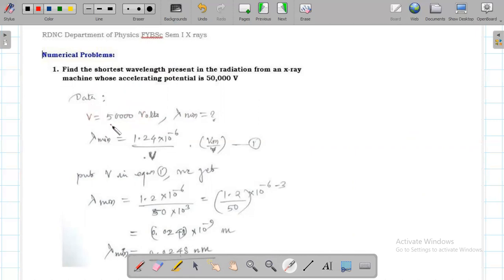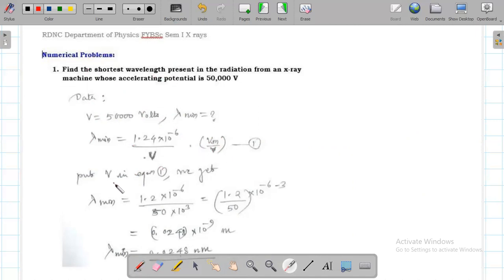We can write 50 into 10 raised to 3 volts. This is the standard formula. Dear student, directly state this formula: lambda minimum equals 1.24 into 10 raised to minus 6 upon V. Volt-meter upon V, V will get cancelled and you will get lambda minimum in terms of meter.